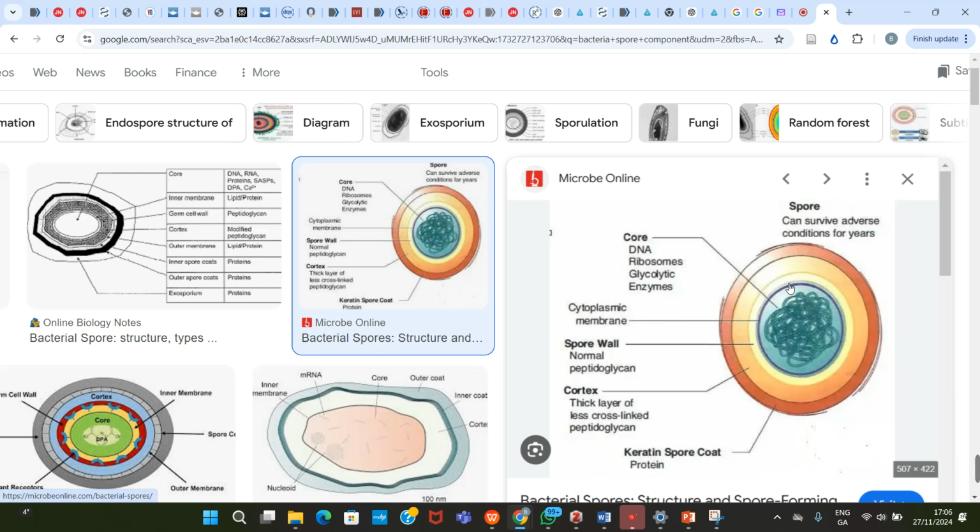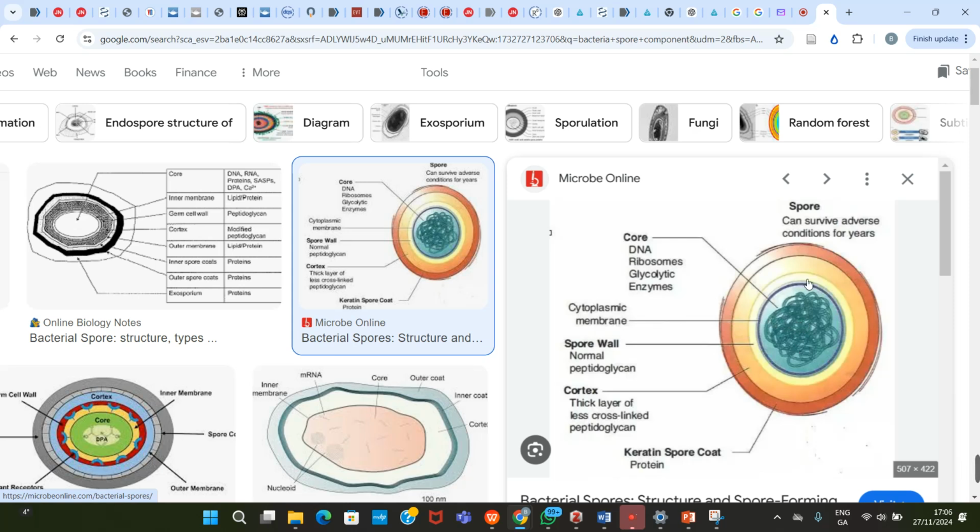So we have the peptidoglycan cell wall and the outer keratin coat, and the innermost DNA is protected by them. In between them, you have another extra layer that is made up of the dipicolinic acid. The innermost structure that is protected is the DNA of the gram-positive organism.